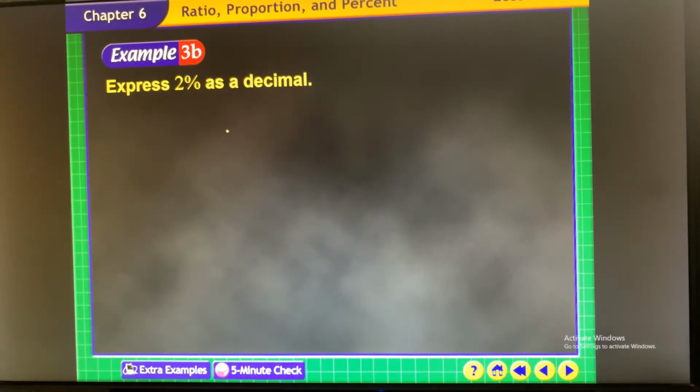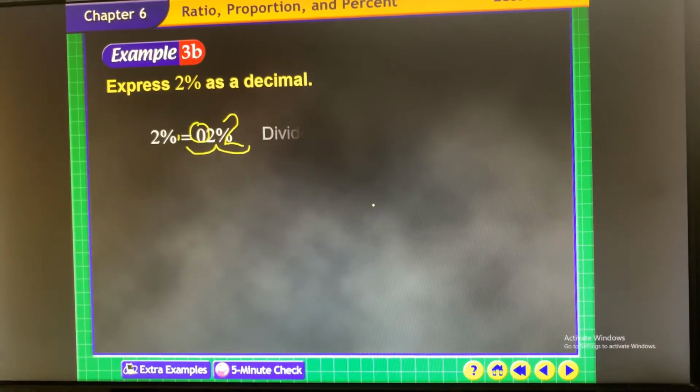2%, so remember it's going to be 2 over 100, and you can divide and do it that way because you have a calculator. Or know that the decimal is after the 2. So to go from a percent to a decimal, you go 2 places to the left.